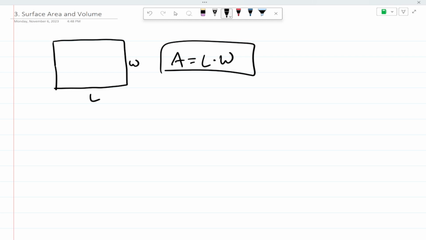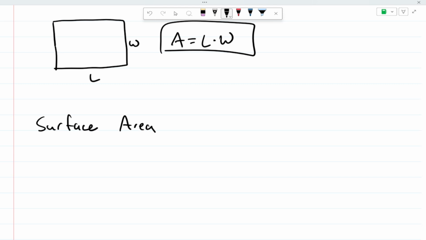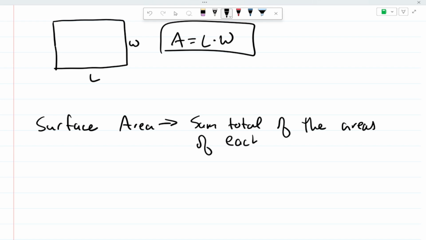When we think about surface area or volume, what we're really trying to find, let's just write it like this. For surface area, what we're trying to find is the sum total of the areas of each face.